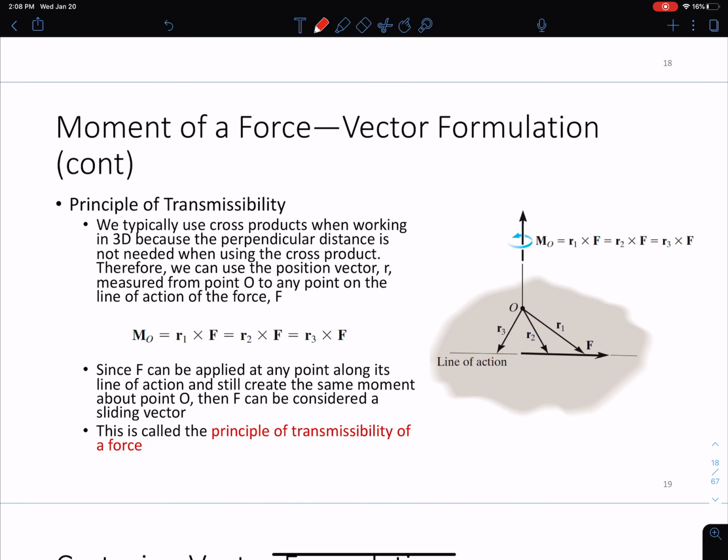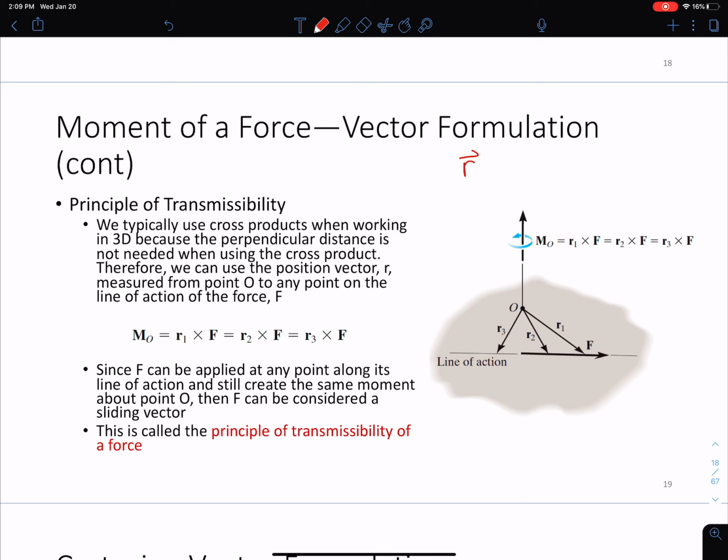Okay. Now we have something called the principle of transmissibility that's going to help us solve some problems. So typically we use cross products when we're working in 3D because the perpendicular distance is not always easy to find, okay? And it's not needed when we're using the cross product because we're just going to use this position vector r, instead of having to find that perpendicular distance.